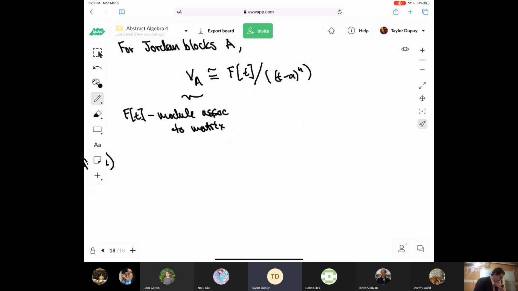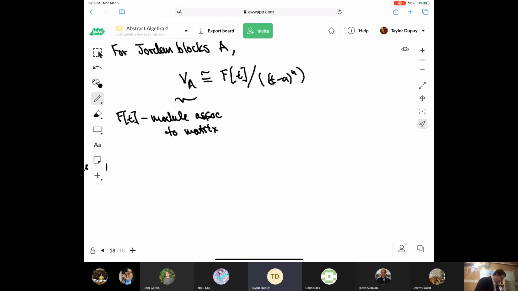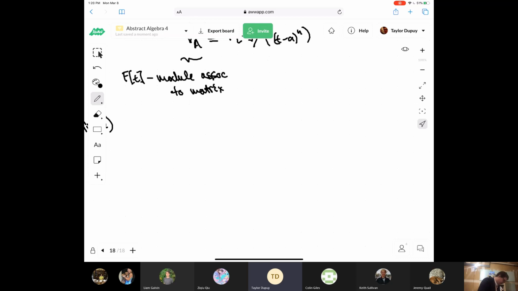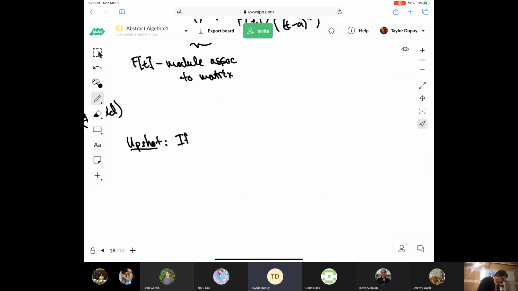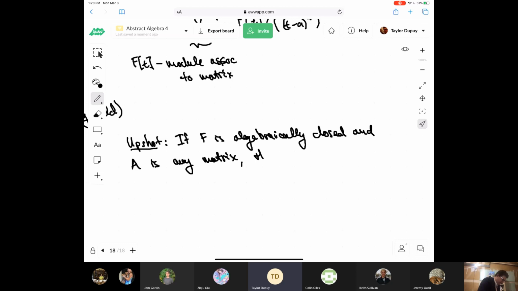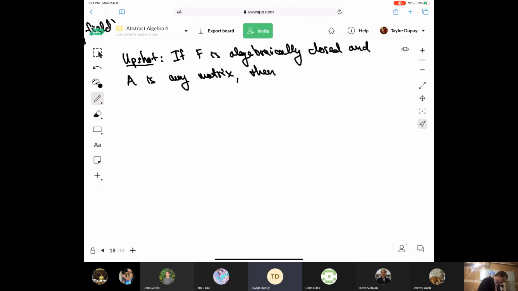Okay, so the upshot was that if F is an algebraically closed field, and A is any matrix, then this V of A comes in a bunch of blocks, right?